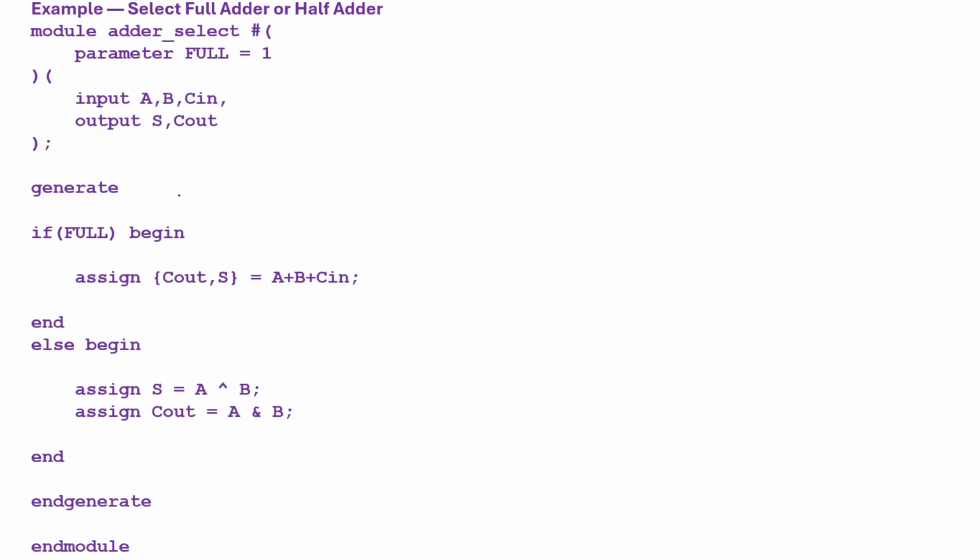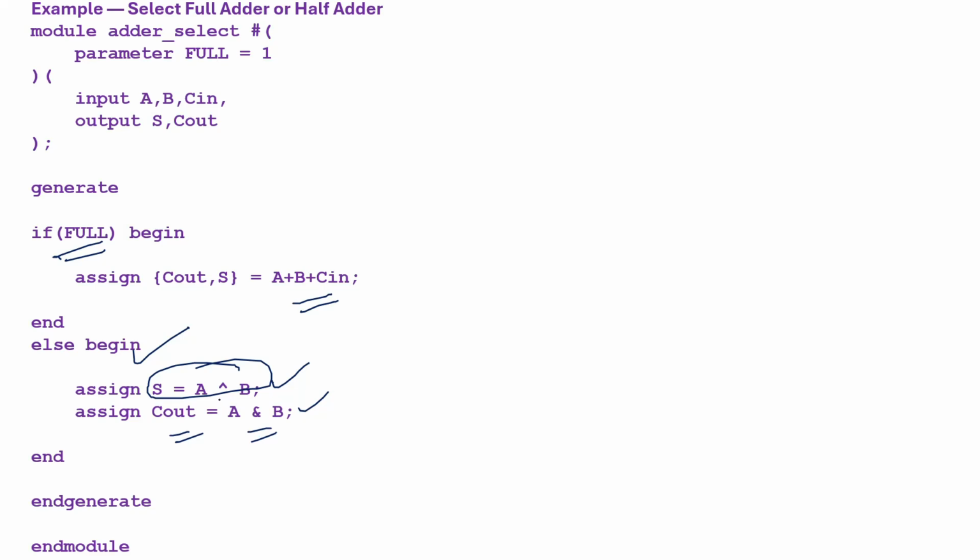So this is the full adder circuit I told you. With generate conditions, he is taking an if condition. If full, it means it is taking the sum output. If it is not full, then the half adder is considered. C out equal to, the sum output is A XOR B, and the carry output is A and B. What is this condition?